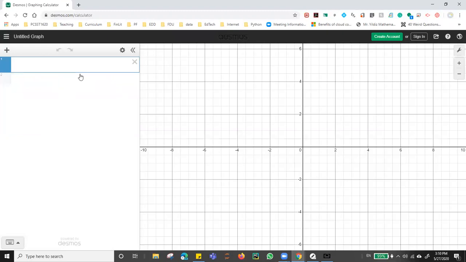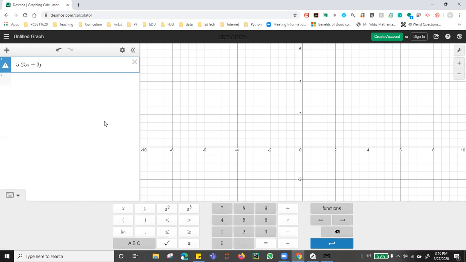So let's say I have 5.25 times X, the number of CDs, plus 3B, which I'm going to write as 3Y, the number of books, less than or equal to 50. Let me use the keyboard over here because I don't have a less than or equal to sign. And then 50.